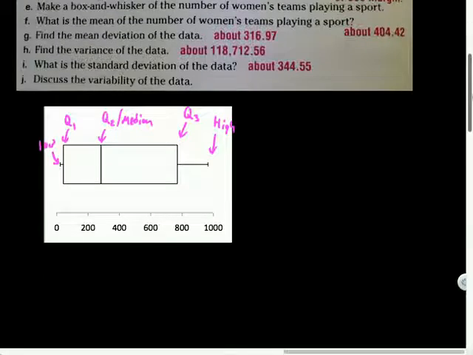And the value of a box and whisker plot in terms of measuring variability is that each of these locations represents 25% of your data. You can see that this region right here, the smallest little region, represents 25% of the data.